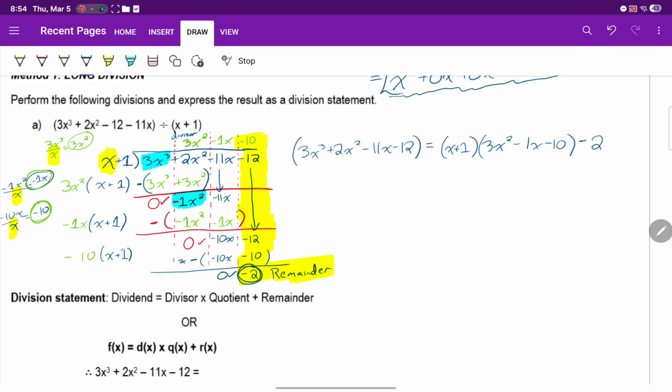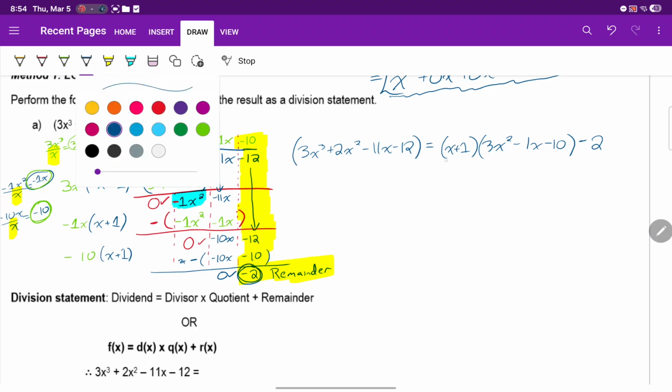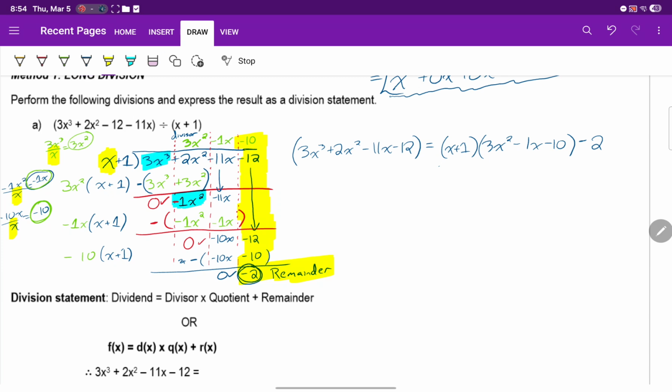Now, the idea here is that if I were to FOIL or distribute these brackets, like if I were to expand and simplify this, I would get this. You can try that. I'm not going to demonstrate that right now, but that would be the case.